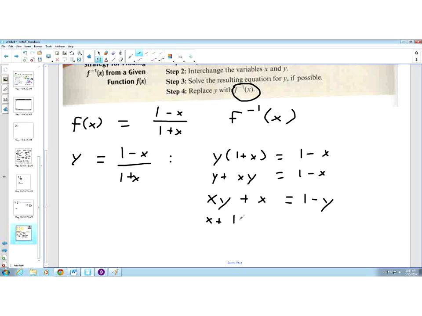I'm trying to solve for y in terms of x, so let me check. I need to get the x's on one side.